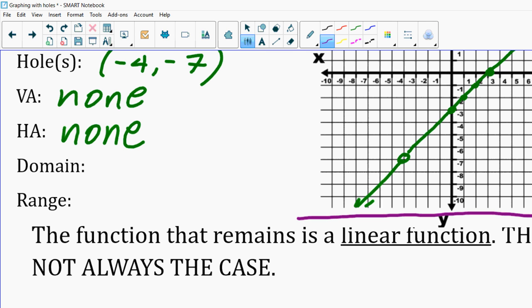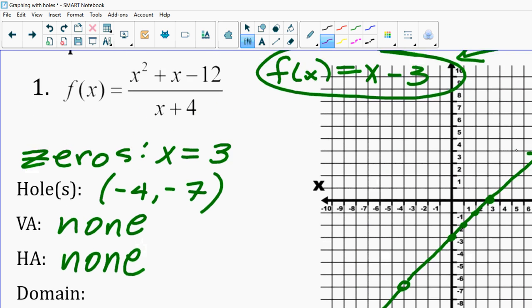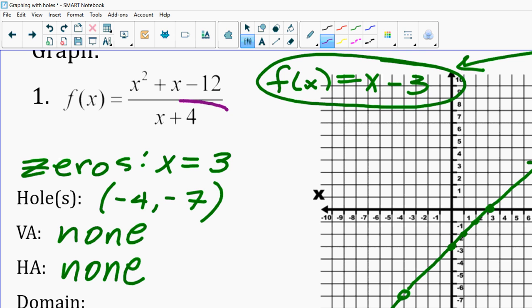That I cannot use in this problem? Right. What's the X value of that hole? -4. But see, I can use every X value here except -4 because -4 makes my denominator equal to 0.